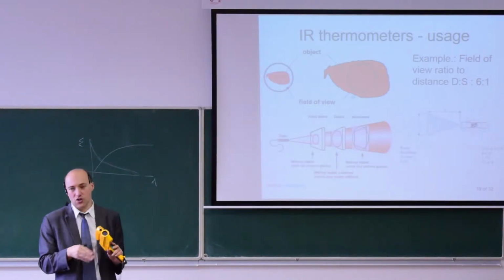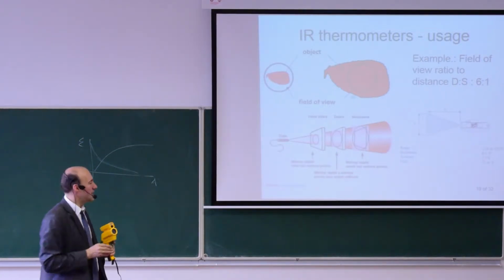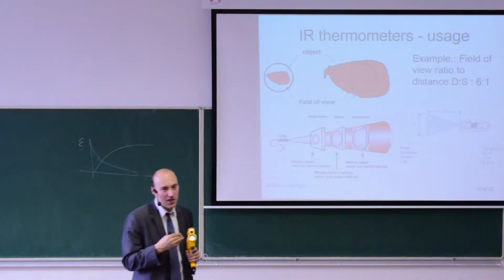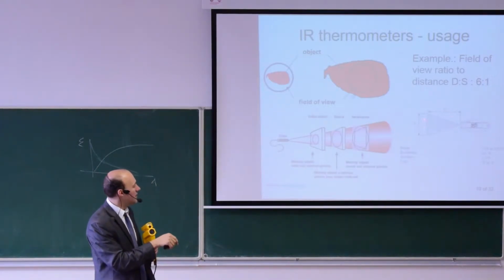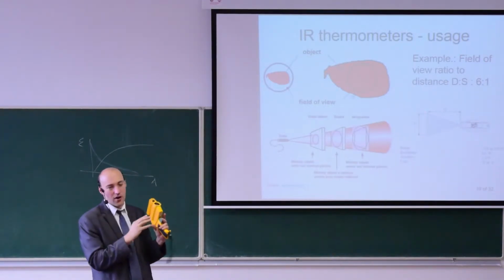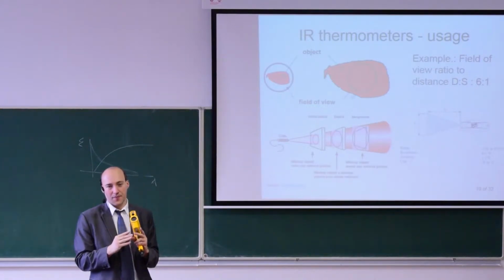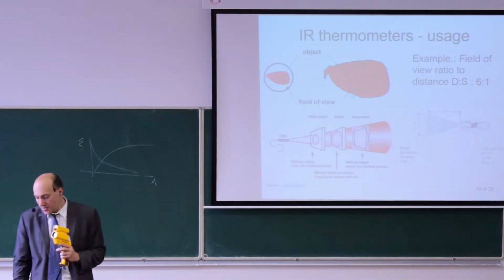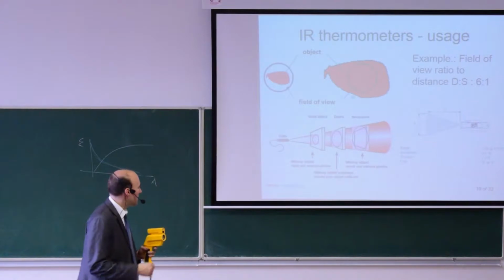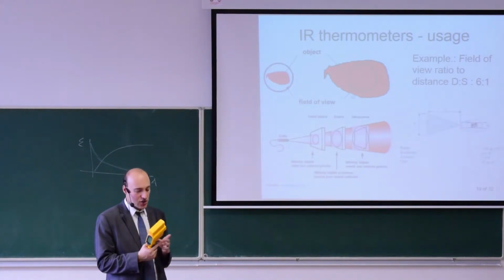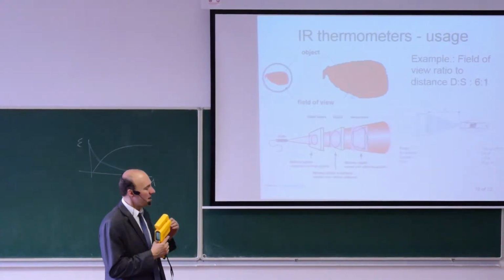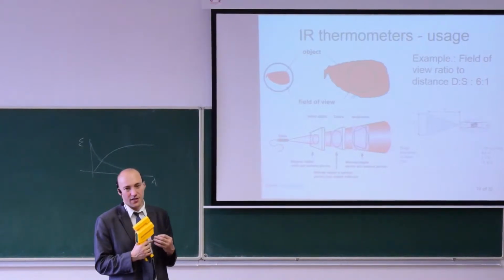They say it's 6:1. So it means that if you are in the distance of 6 meters, then the diameter of the circle where you measure will be 1 meter. It may be a little bit different. The infrared thermometer may have some optics, so it may decrease with increasing distance, for example.